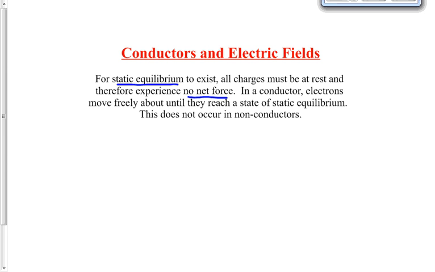The only way he's going to remain at rest is if the net force acting on him is zero, in other words, if he's in static equilibrium. He will keep moving around until the net force acting on him is zero. The excess charges in a conductor will do the same thing. Eventually, however, the forces will balance and they will be in this point of static equilibrium.